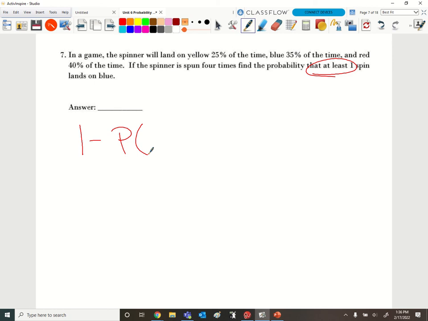What probability do I plug in here? This was key. This is where a lot of people made a mistake when going over this. Do I want blue? No. I want not blue. That's how this works out. That's the formula for this.